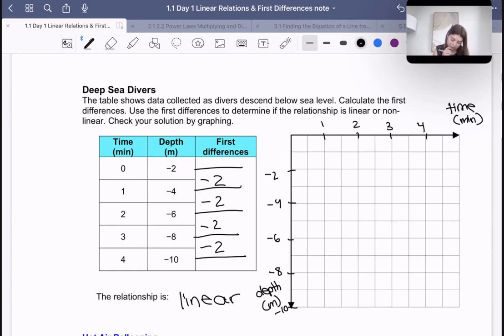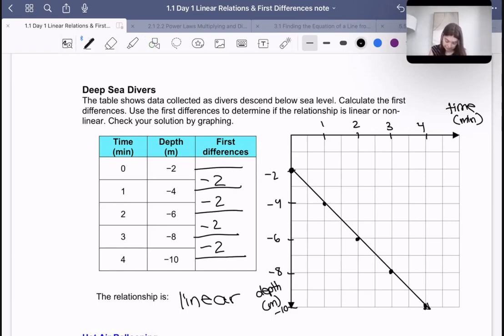Awesome. Okay, so after 0 minutes, it's negative 2, so it starts here. After 1 minute, it goes to negative 4, then 2 and negative 6, 3 and negative 8, 4 and negative 10, like that. Awesome. Okay, and then let's draw a line through all of it, like that.